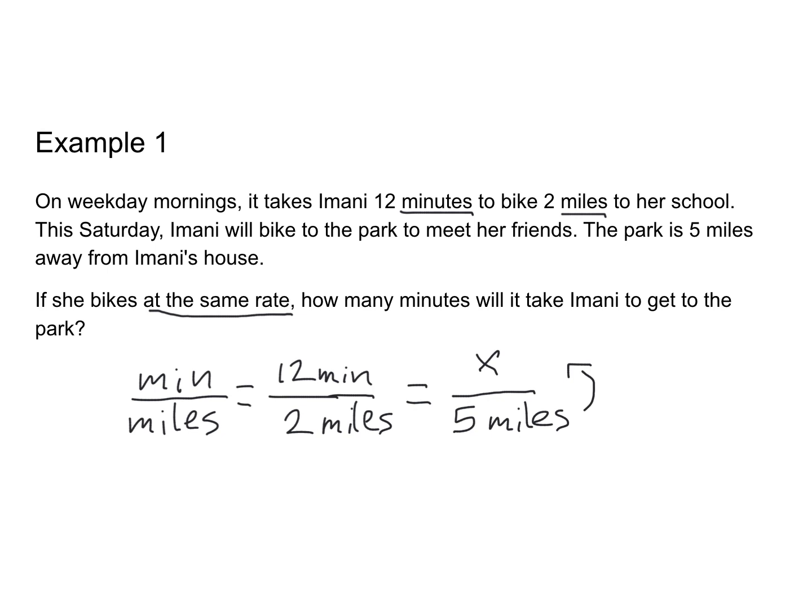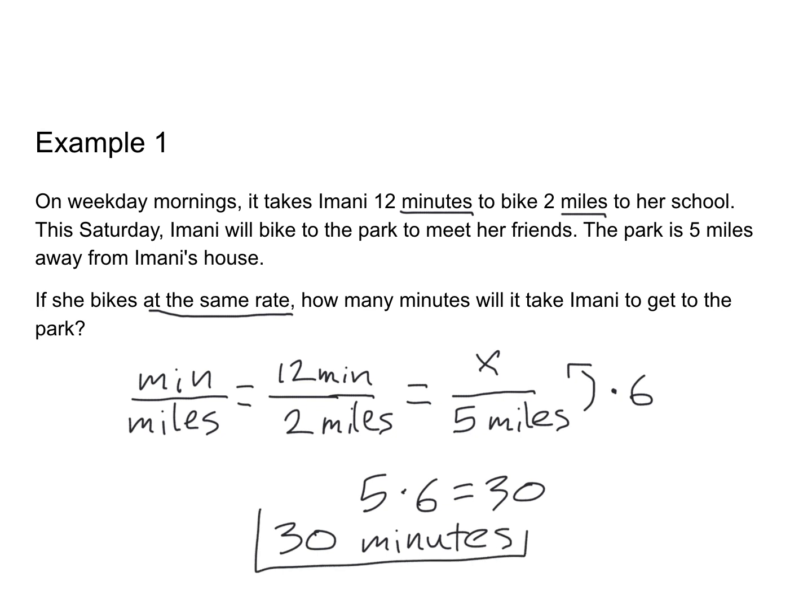Well, I know that 2 times 6 is 12, so 5 times 6 would get me x. So 5 times 6 equals 30. So my final answer will be that it takes Imani 30 minutes to get to the park.